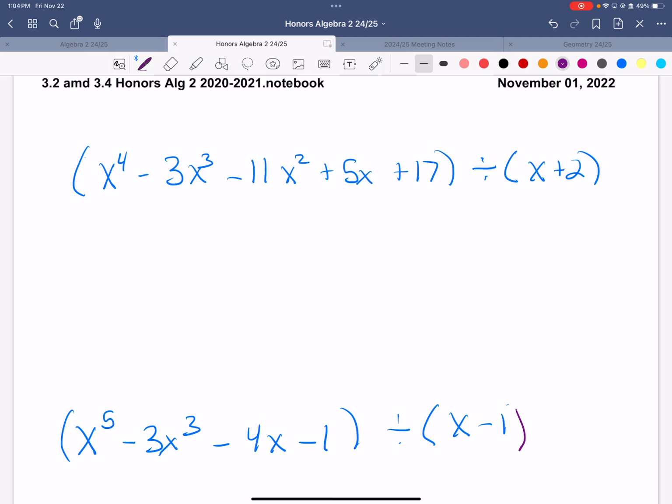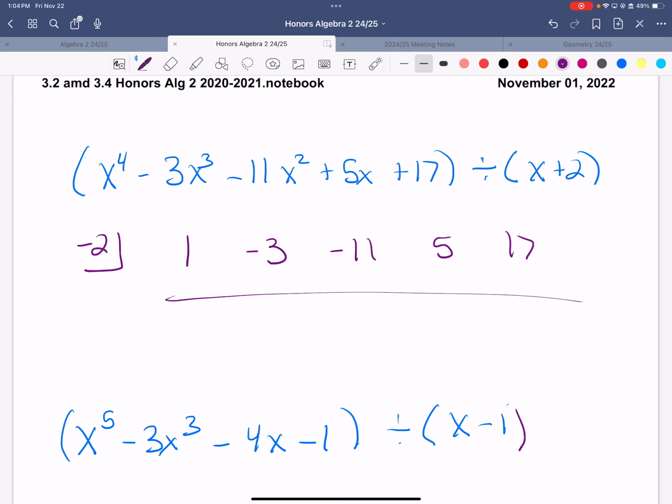What's that gonna be? What goes on the inside, outside in the box? What's here? -2, and then we've got 1. It goes faster if we help. What's next? -3, -11, 5, and 17.